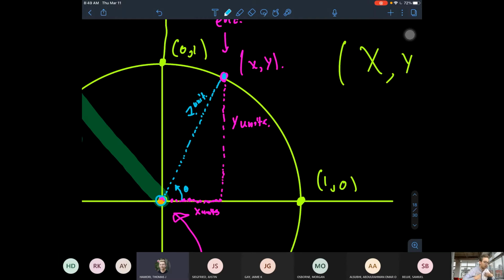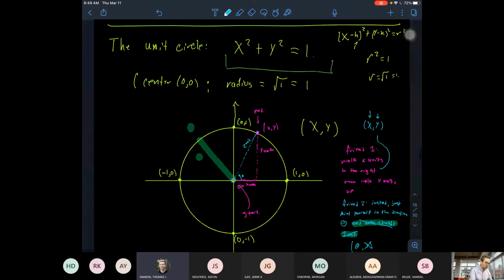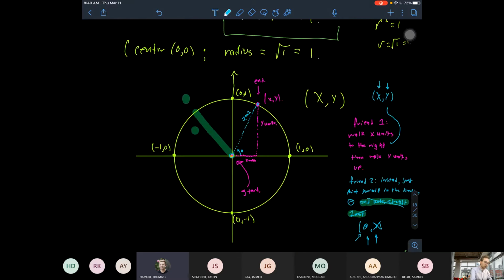And then I know, because I want to end up on the unit circle, that I need to walk 1 unit in that direction. So really the relationship here should be between x comma y and theta. Friend 2's directions are somehow a little bit more simple because all they have to tell us is which direction I should start off in. And I know, just because I'm working with the unit circle, that I need to go 1 unit to get there.